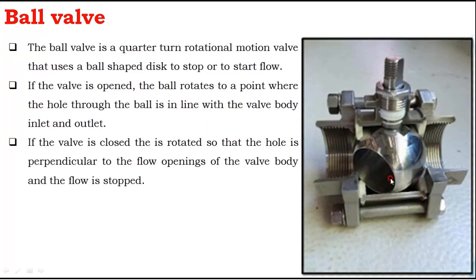When you rotate this one, this diameter and the pipe diameter merge with each other and flow happens. When you rotate it 90 degrees in the other direction, then it will obstruct the flow. Then you can stop the water. This is called a ball valve. They have their own advantages and disadvantages, no problem.